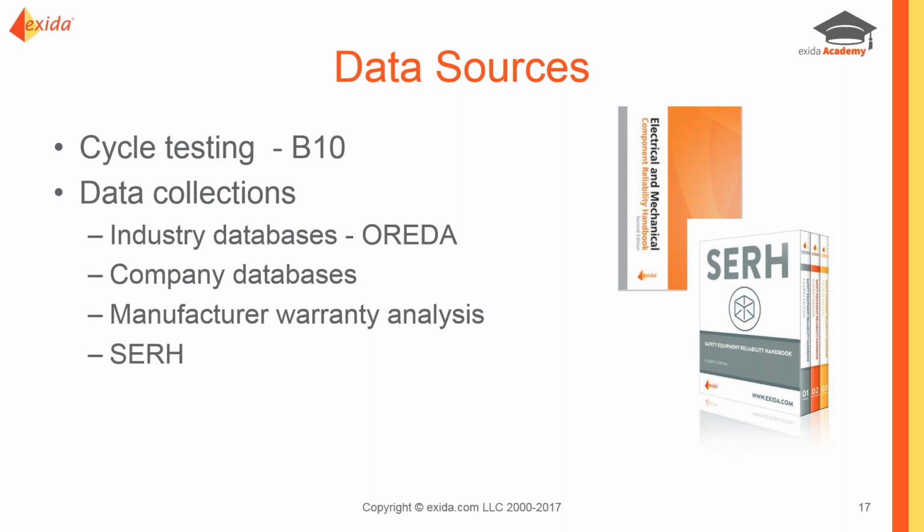There are a lot of sources, so how do you know which is the good one and which is going to be fit for purpose? I just added the exida SERH, which has gone out and looked at a lot of those databases, pulled in that information, and compiled additional FMEDA information into it. It's a good data source that has done some assessment, already pulling together for you what is fit for purpose in a safety instrumented system. So that is one resource that folks can use.